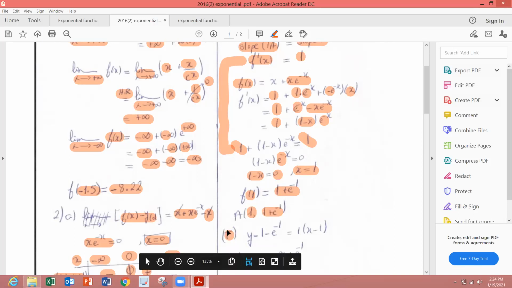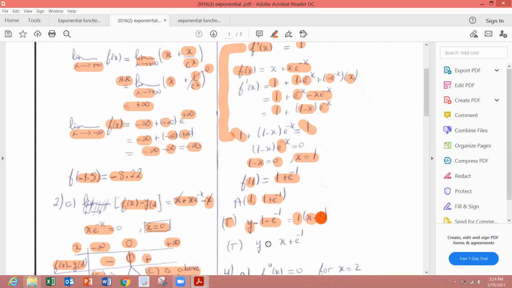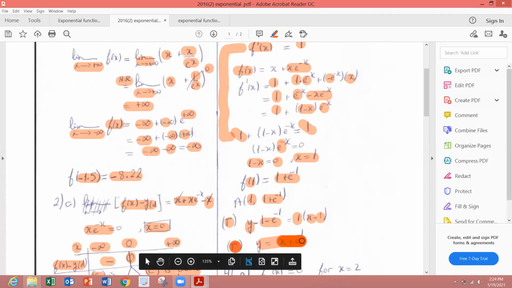Next we need the equation of T. The equation of the tangent is y minus y_A equals the slope, which is 1, times x minus x_A. We get the tangent y equals x plus e to the minus 1.